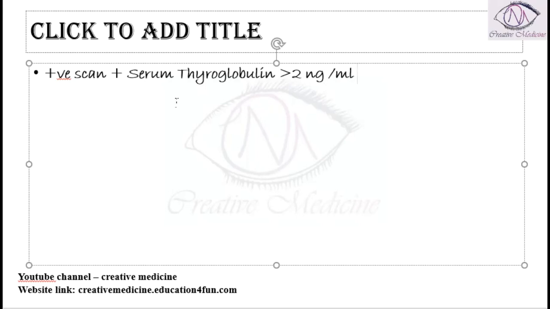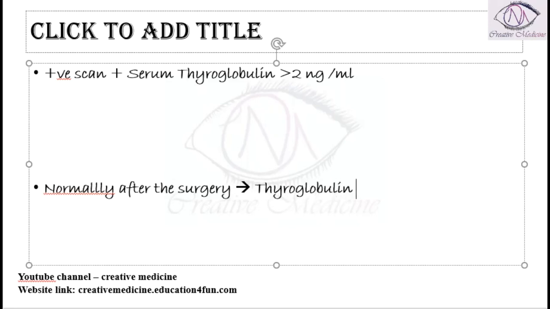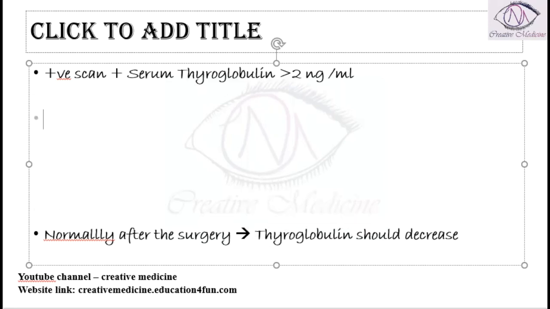Normally the thyroglobulin levels should decrease, which shows that there is good therapeutic benefit. But if thyroglobulin levels are increased along with a positive scan, that is, radioactive iodine uptake is present, and the serum thyroglobulin level is more than 2 nanogram per ml, then iodine treatment is given after 6 to 12 months.